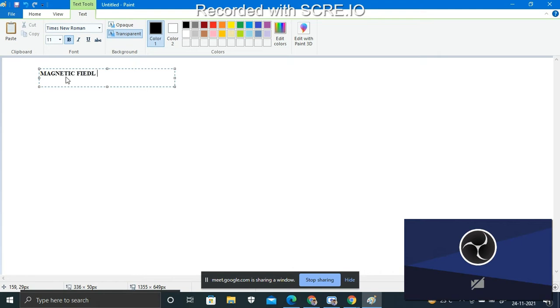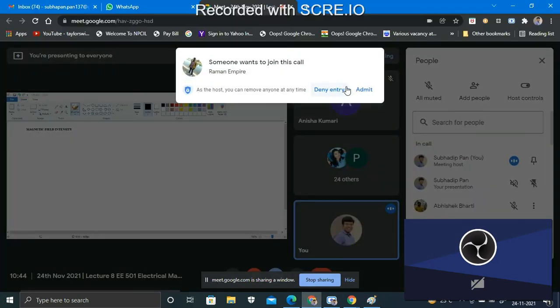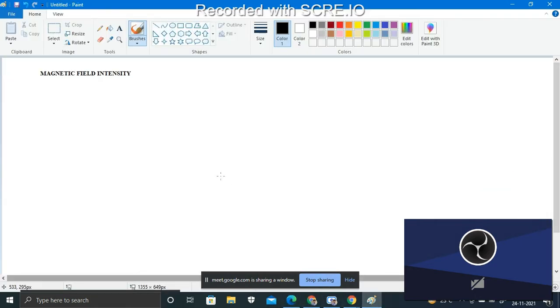In the previous lecture, we found the magnetic field intensity for the different coils.